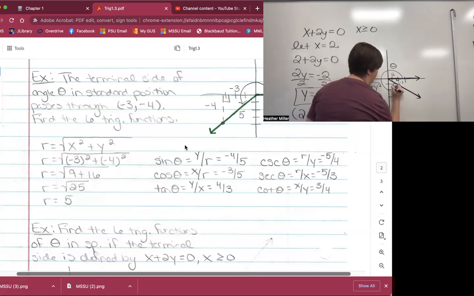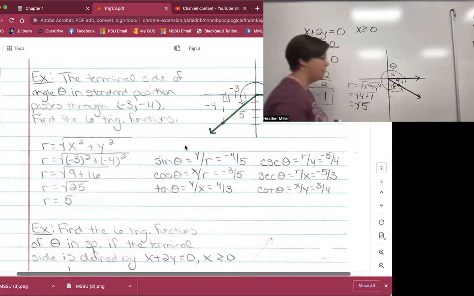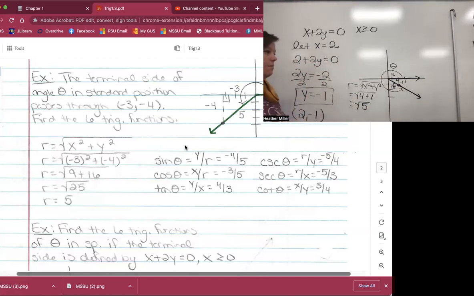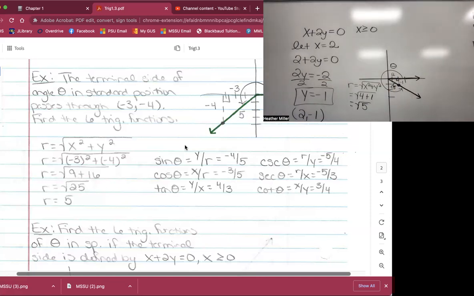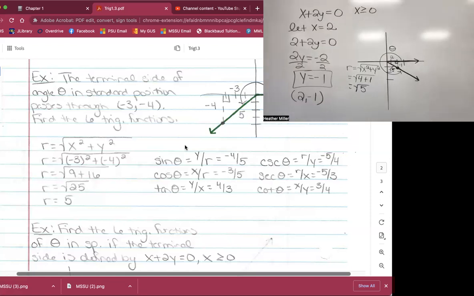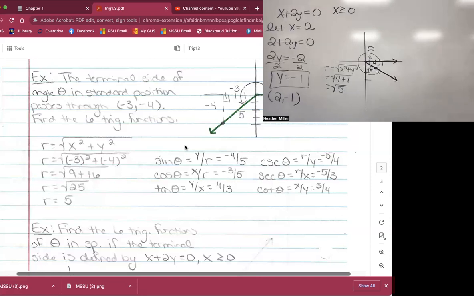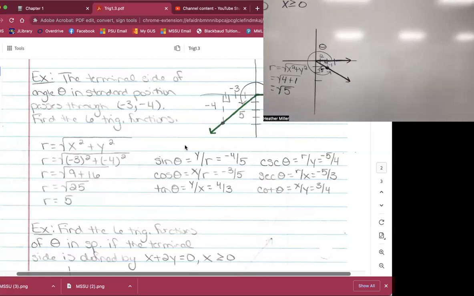Now that I have all of that information, I can come up with my sine, cosine, tangent, and all the rest of them. So I'm going to erase this, because it does ask for the 6 trig functions. Let me angle you down a little bit, slide you over, because you don't really need to see that first bit. You just need to see the picture.